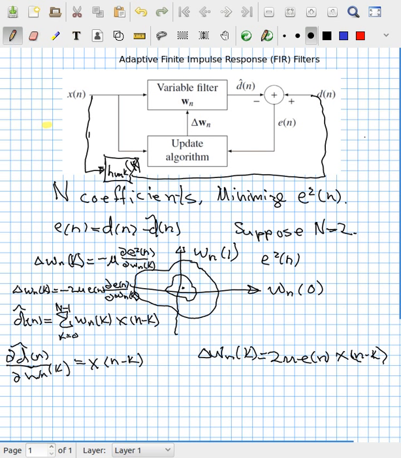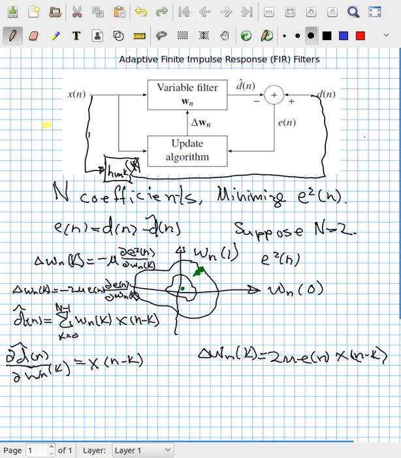Let's look and see what would happen if we were right here on that contour line of e squared. Suppose this point right here was the minimum. So this is like a big hole. We'd like to get down in that hole. So I'd like to take a step from where I am right here toward that hole. That means in the down direction.